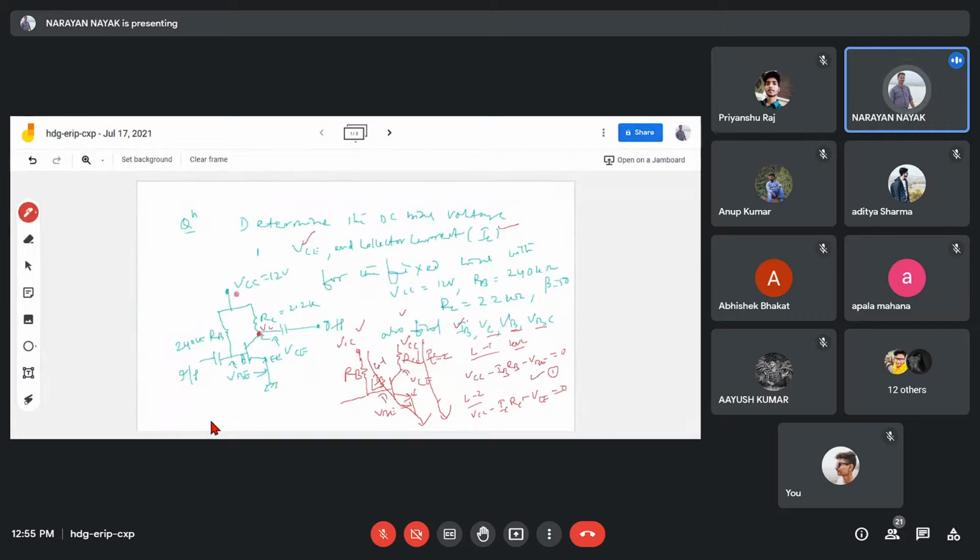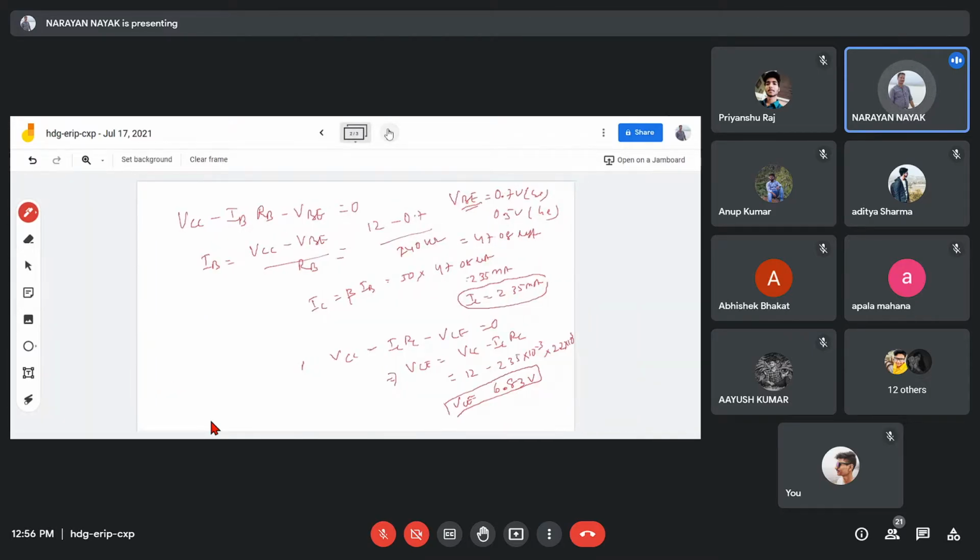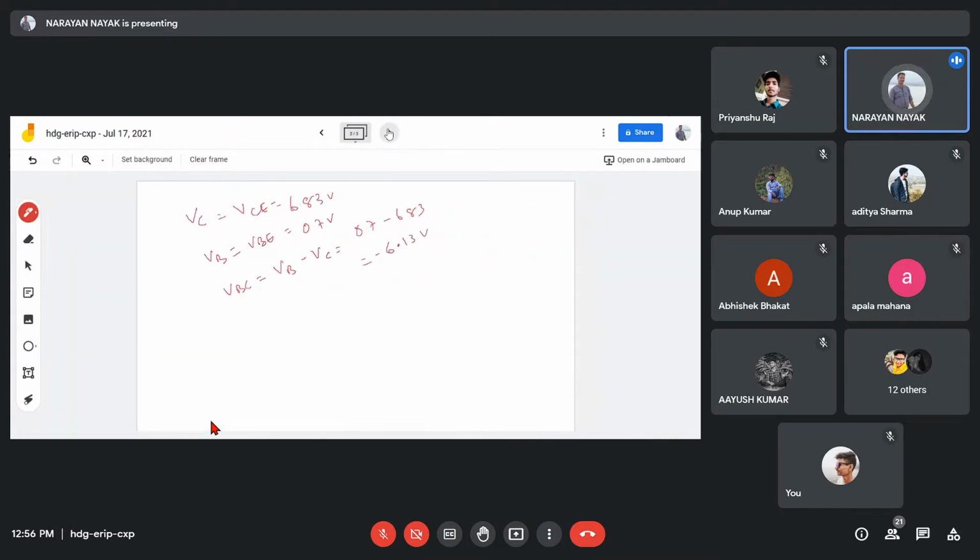Another loop is VCC minus collector current IC into RC minus collector emitter voltage VCE. So using these two loop equations, you have to calculate every value. Understood? So this is about your first module.